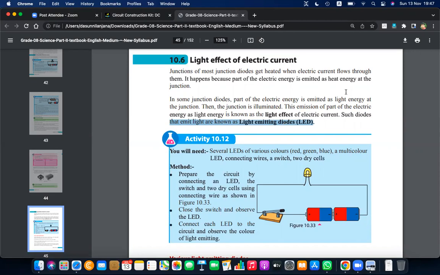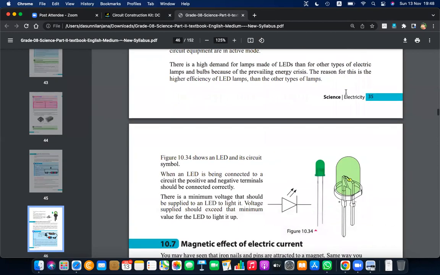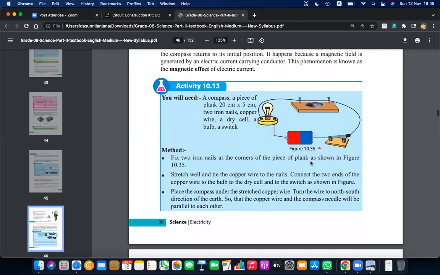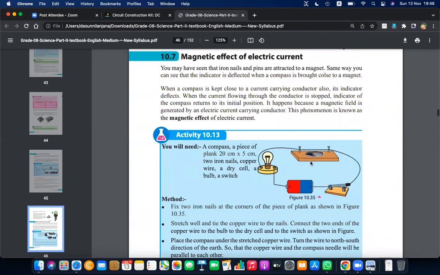So the specialty of the light emitting diode is that when electricity flows, this LED will convert electricity to light. That is the specialty of the light emitting diode. Here you can see this is the symbol. The light can only flow in one direction, right? It's unidirectional because it's a diode.